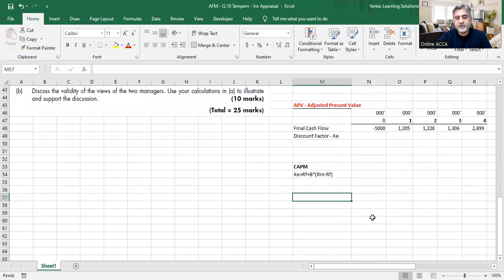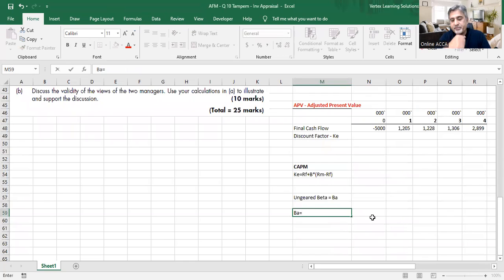Let's calculate our ungeared beta, which means I want to calculate my asset beta. And the formula for my asset beta, if you remember, is equity beta multiplied by equity divided by equity plus debt into 1 minus T. I just need to make sure I put the correct brackets.